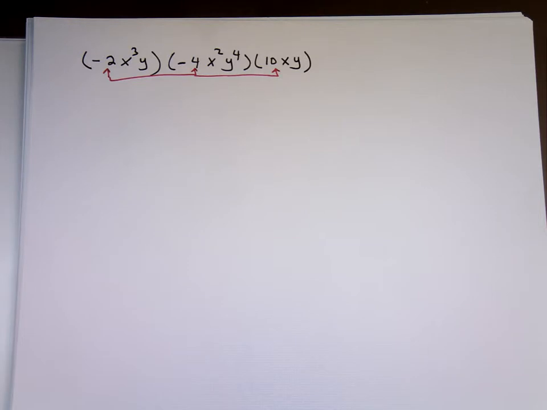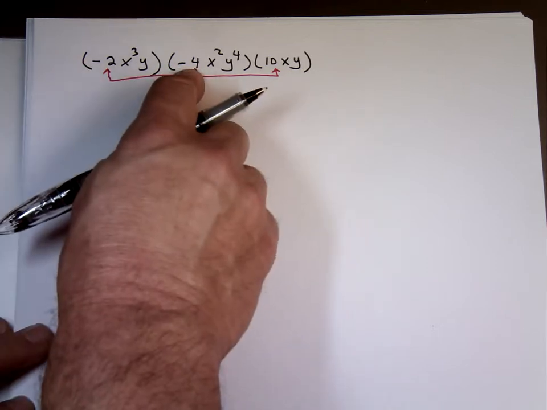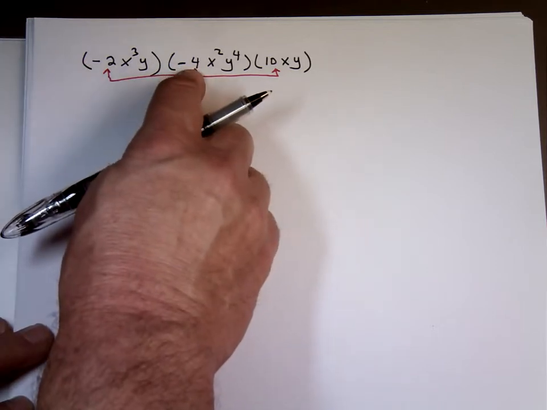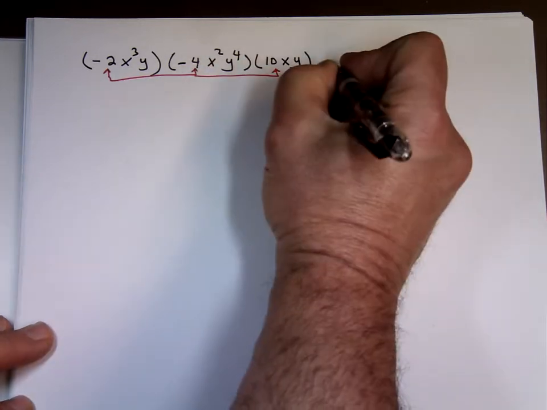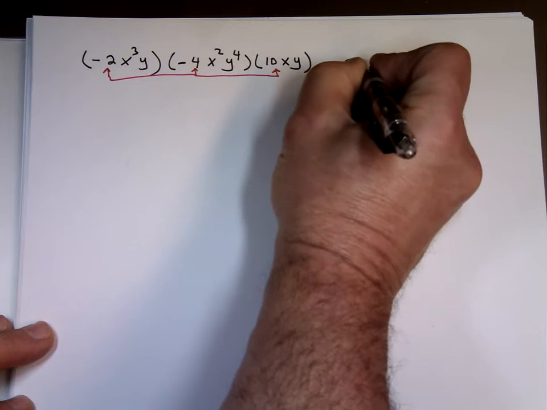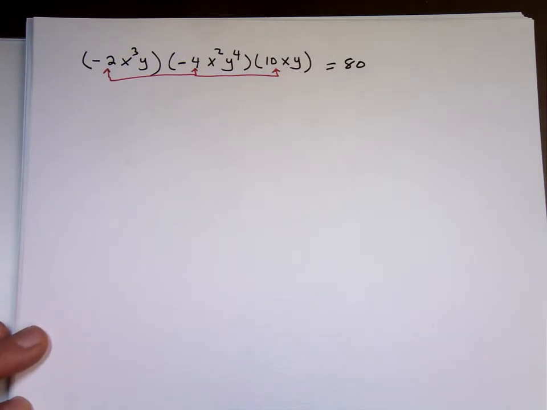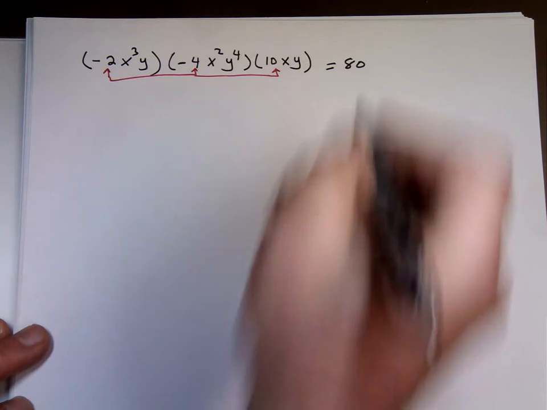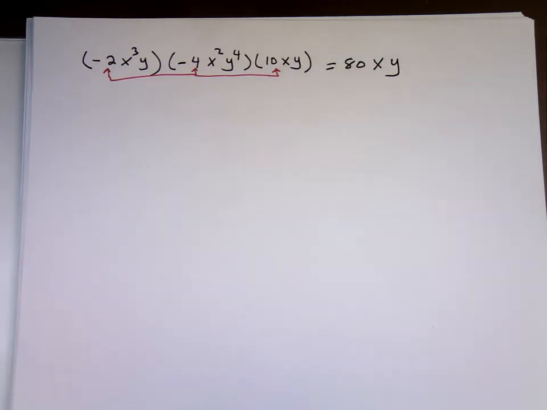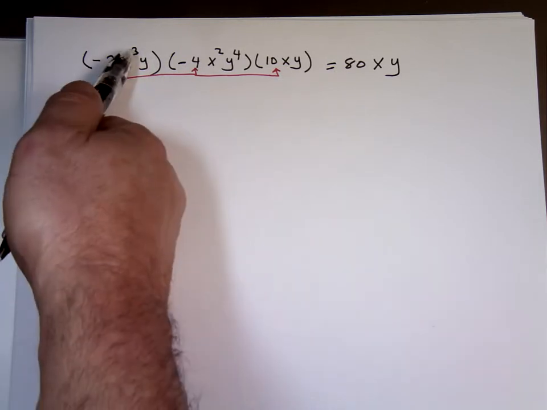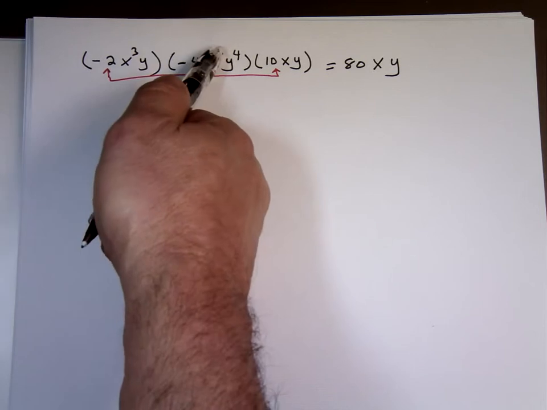So it's -2 times a -4 times a 10. What's -2 times a -4? Try again. You're multiplying. Plus 8. 8 times 10? 80. What do we do with the exponents? We add them. Let's look at the x. What do we have for x? 3, 2, and 1.